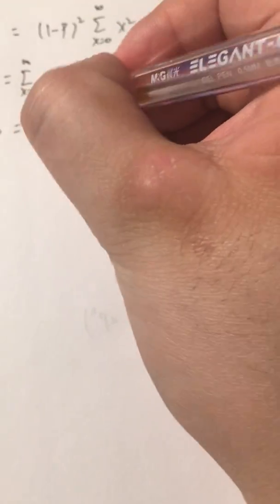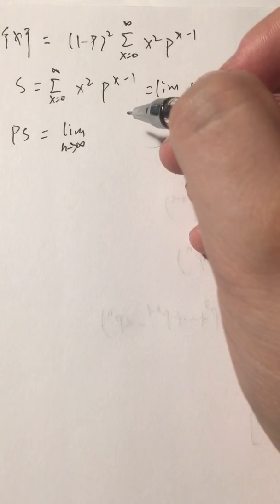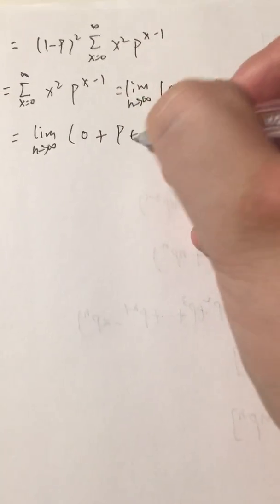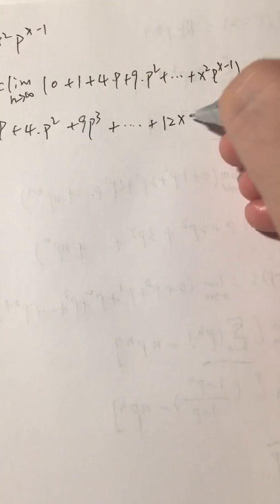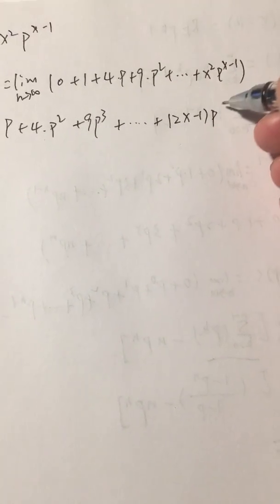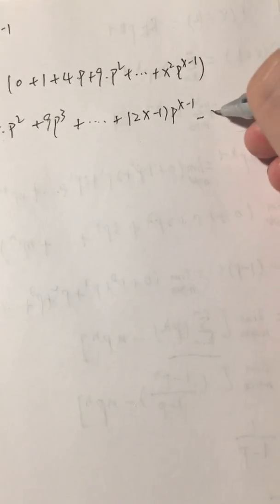Again, we use p times s, which is the limit when n goes to infinity of 0 plus p plus 4p squared plus 9p cubed plus and so on, plus (2x minus 1) times p to the power x minus 1, minus x squared p to the power x.